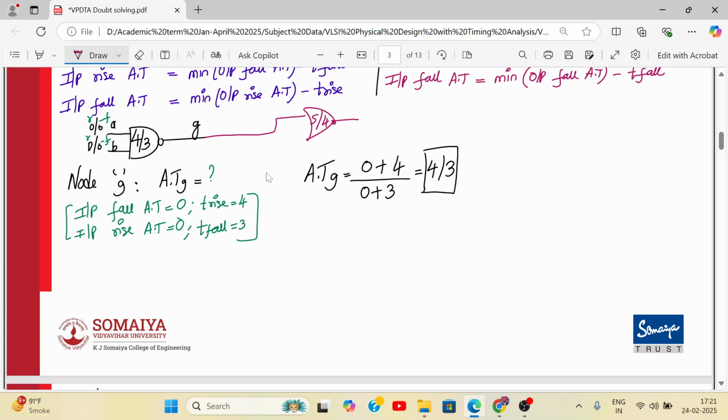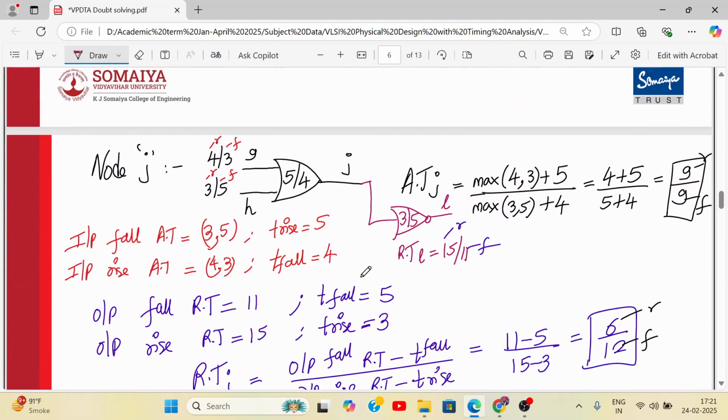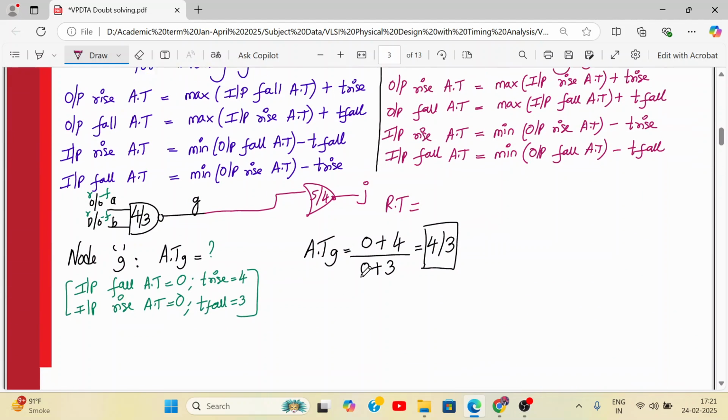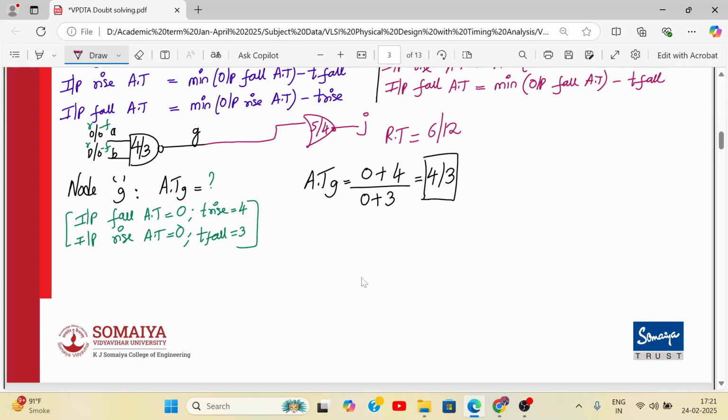Remember it's a non-inverting gate, and here it is J. So what is the arrival time at J? Sorry, the return time we calculate. Return time will be over here. So for J it is 6 by 12.